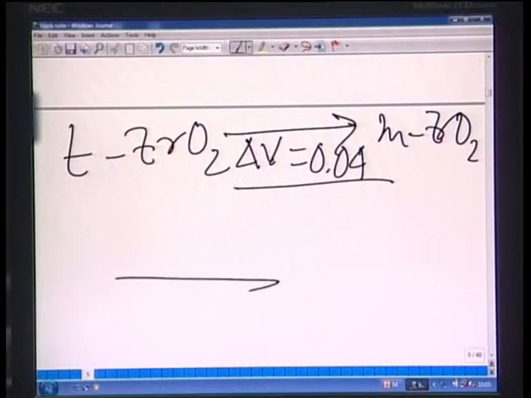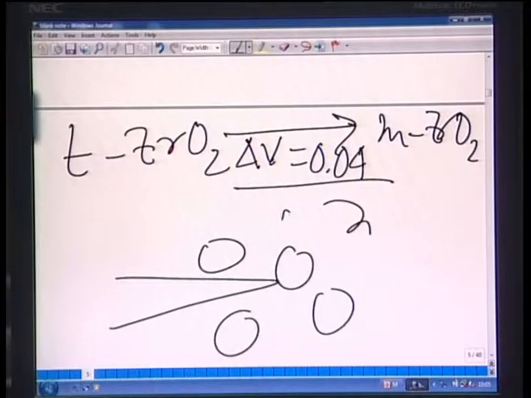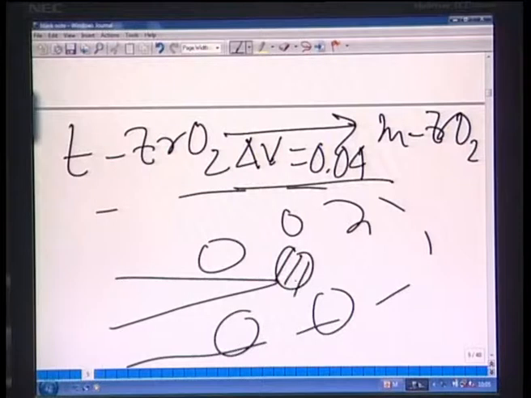If there is a crack tip here, and tetragonal zirconia is present at this crack tip, then what will happen? This tetragonal zirconia will be transformed in the crack tip stress field from tetragonal to monoclinic zirconia, and this kind of phase transformation is associated with a volume change of 4%.